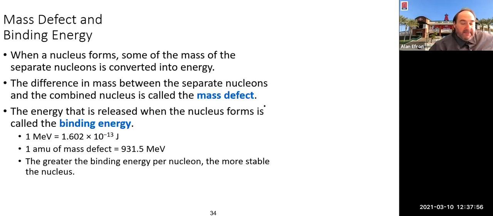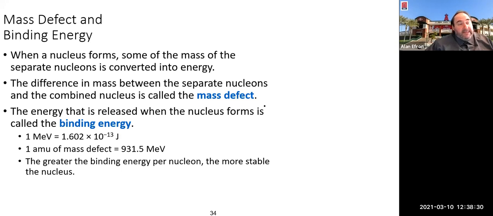So the mass defect is essentially the slight mass difference between the protons and neutrons that make up a nucleus and the actual mass of the isotope itself. You could use Einstein's equation to account for that difference, or there are other ways you could figure it out as well.